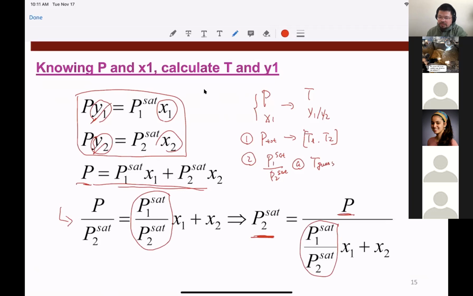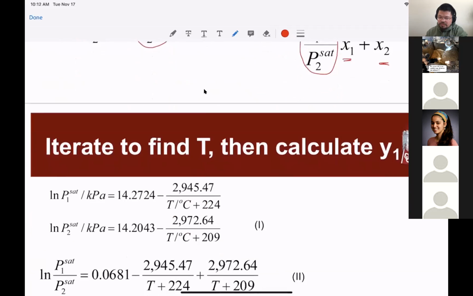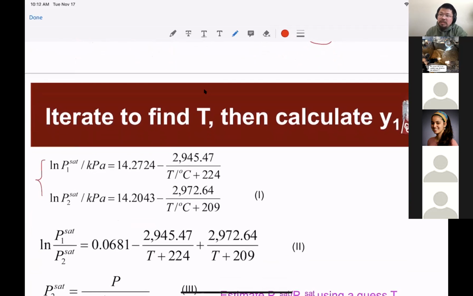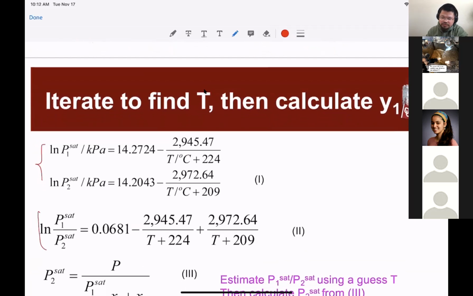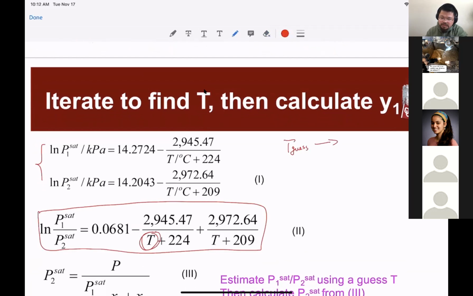So this is known, x2, x1 would be known to us, and P1 sat, P2 sat, we are going to start with their corresponding Antoine equations, and we have equation 2 over there. So starting from the temperature guess, you are going to have the P1 sat, P2 sat ratio. Then over there, you are going to have the P2 sat.